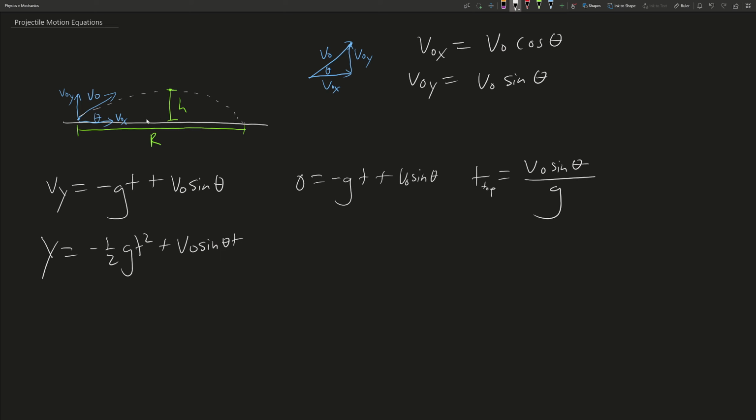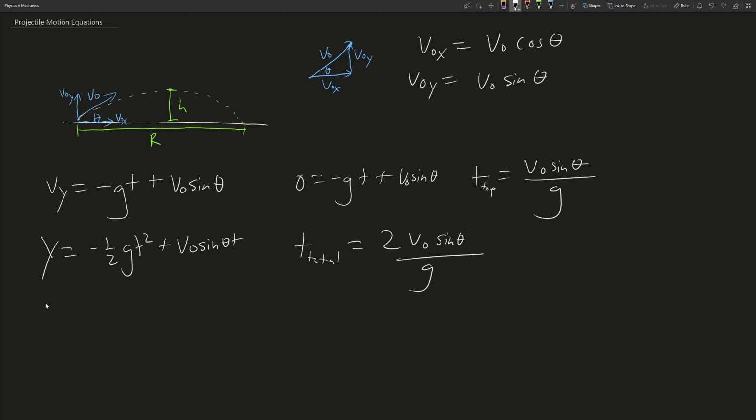What this means is that since it's symmetric, the time it takes from the start to its highest point is going to be the same as the time it takes to get from its highest point and fall back down to the ground, which means that the total time of flight is going to be 2 times the amount of time it takes for it to go from the start to its highest point. So the time of flight, t total, is equal to 2 times this value found up here. So it's 2 v0 sine theta over g.